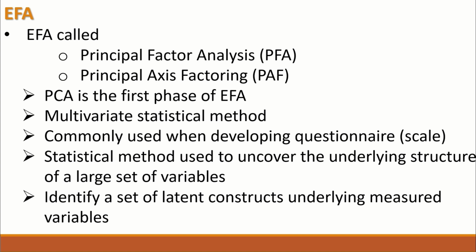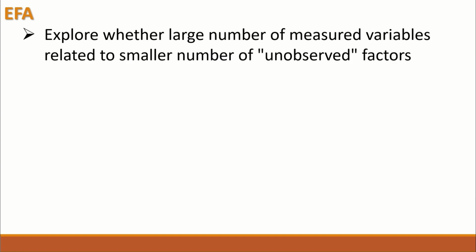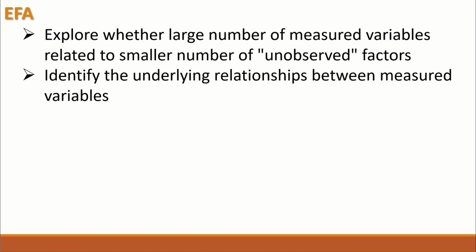It aims to identify a set of latent constructs that underlie the measured variables, whether the group of variables measures a certain construct or factor. EFA is an exploratory method that will explore whether a large number of measured or observed variables relate to a small number of unobserved factors.